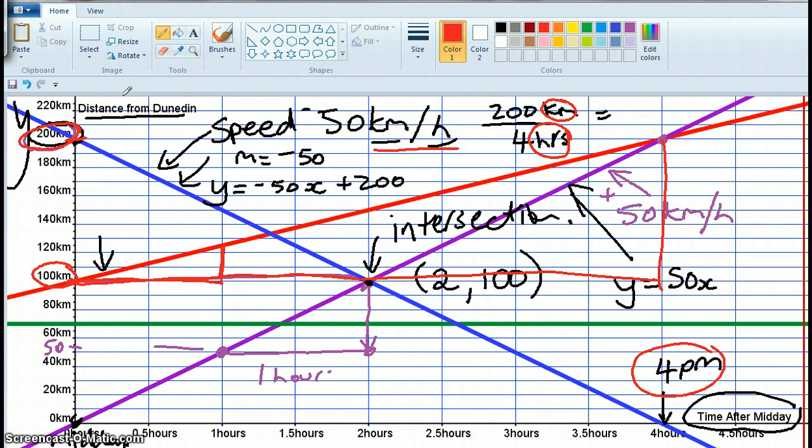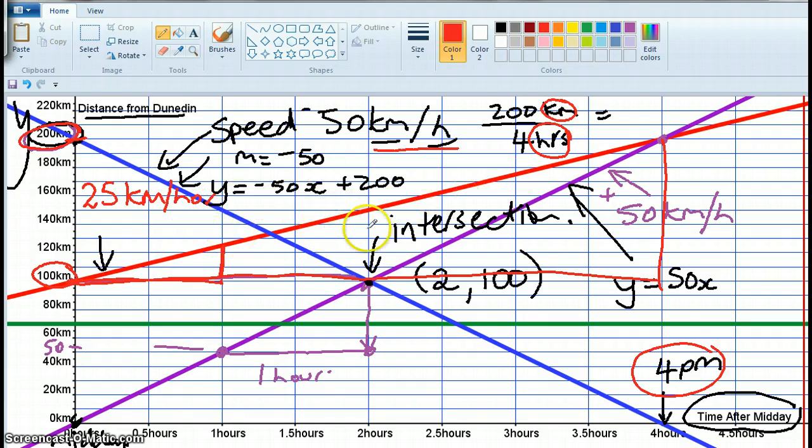It went 100 over 4 hours. How fast did it go? What's its speed? How far did it go in 1 hour? If in 4 hours it went 100 kilometres, 2 hours it would go 50, and in 1 hour it would go 25. So it's going 25 kilometres per hour.